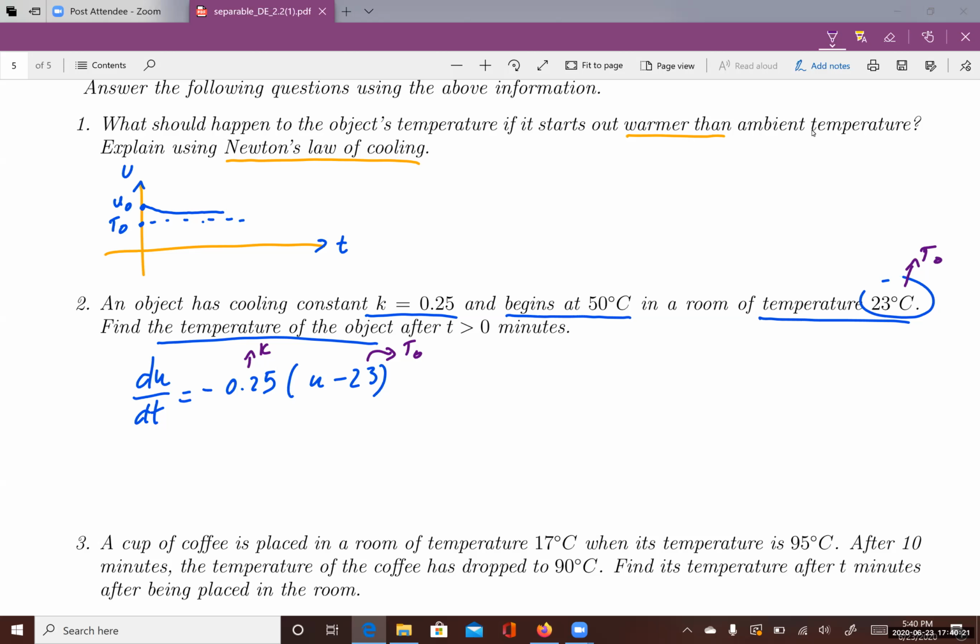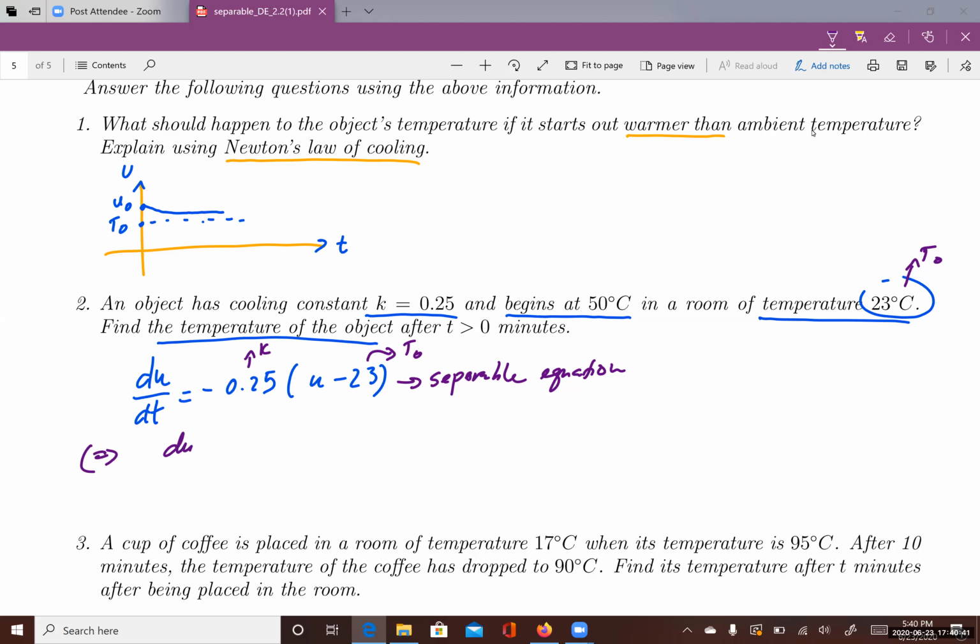Differential equation du dt in terms of U, and we can use separable equations. So this is a separable equation.